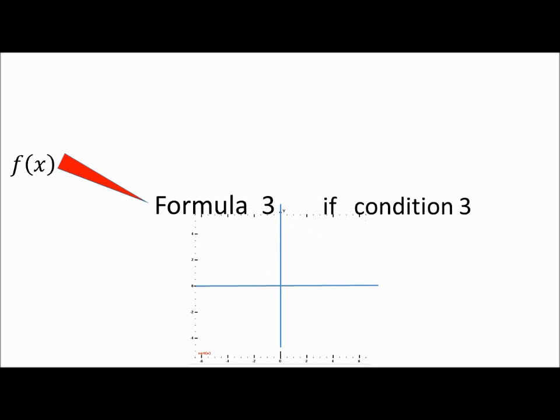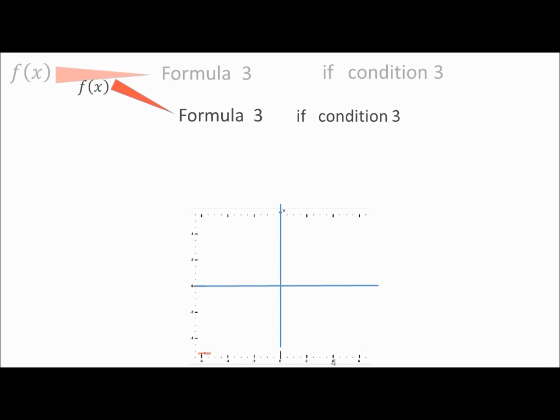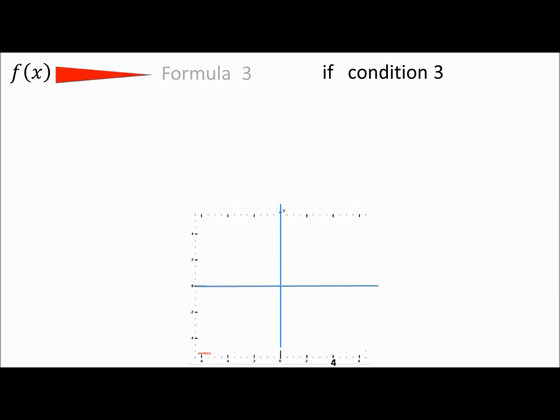Let's have now formula 3 and condition 3 given as formula 3, the square root of x, which starts at 0 and extends all the way to the right side as shown here. And let's have condition 3 such that x is greater than or equal to 4.